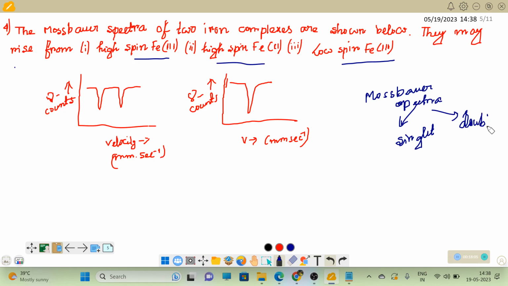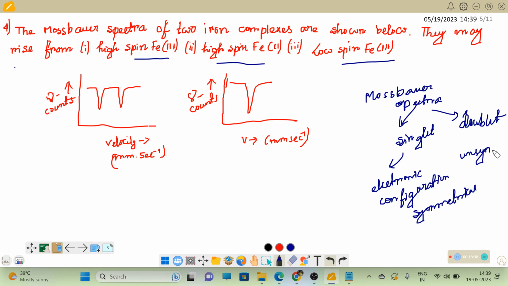Sorry, I am not habituated with this pen tab, so it will take a little bit of time. Please adjust. So a singlet is for an electronic configuration that is symmetrical, and a doublet is for an unsymmetrical one.